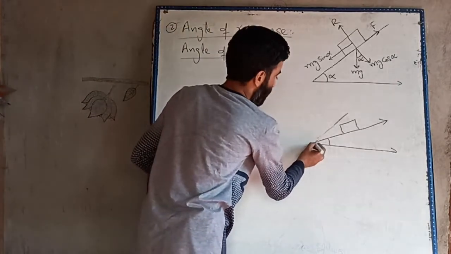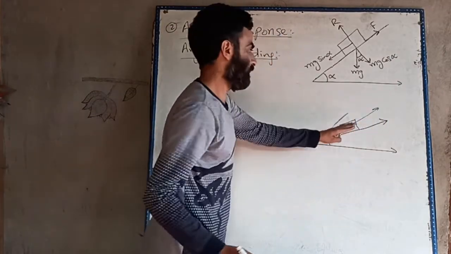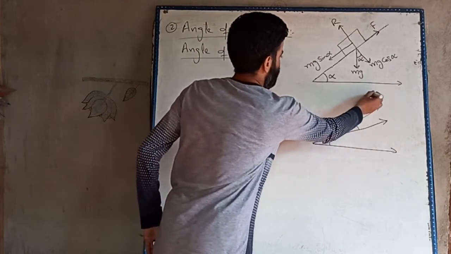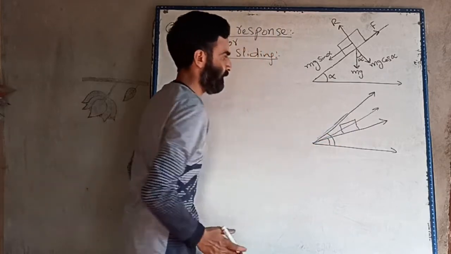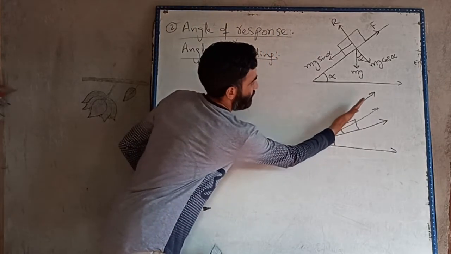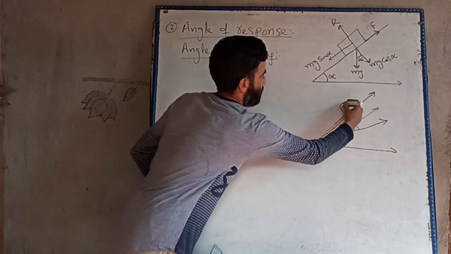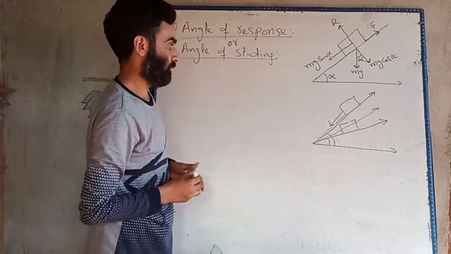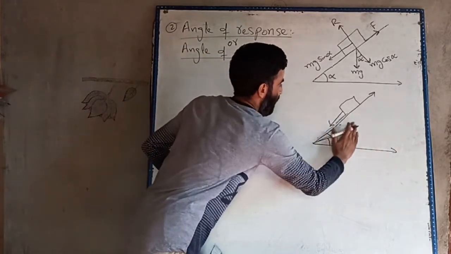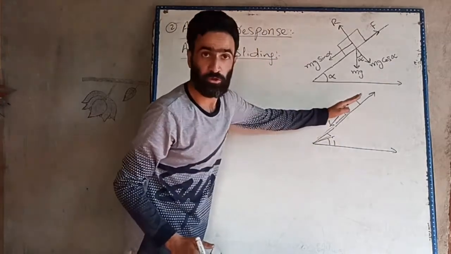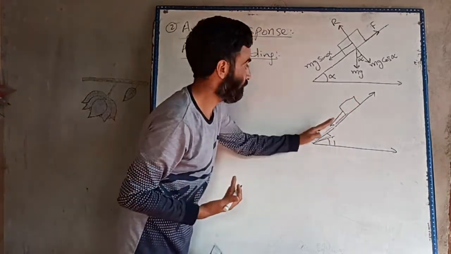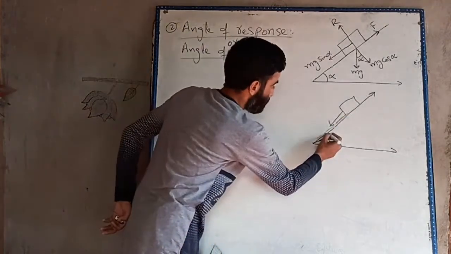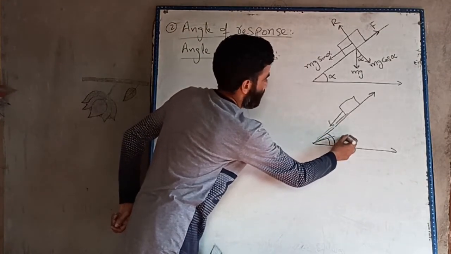But if I make the angle like this, meaning I keep it up like this, then the body just tries to slide down, because the slope of this plane has increased. At this time, this angle is called the angle of repose.